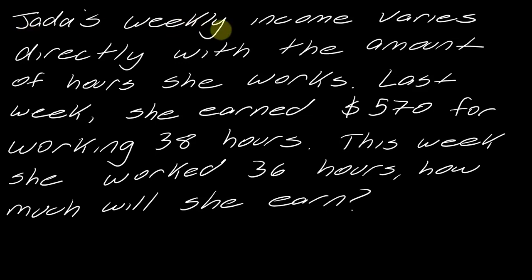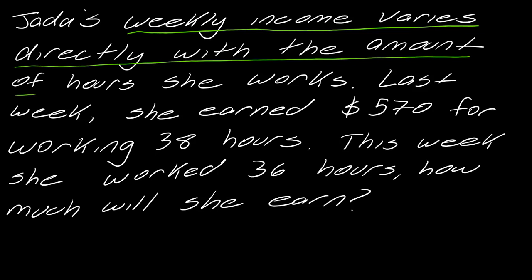So I've got weekly income varies directly with the amount of hours she works. You're now going to have to name your variables. If I wanted to name these, my weekly income we could call I for income, and over here we could call this H for hours.